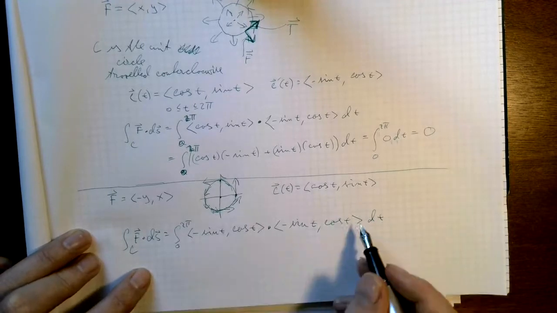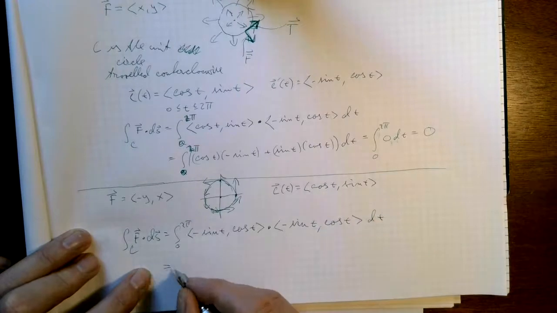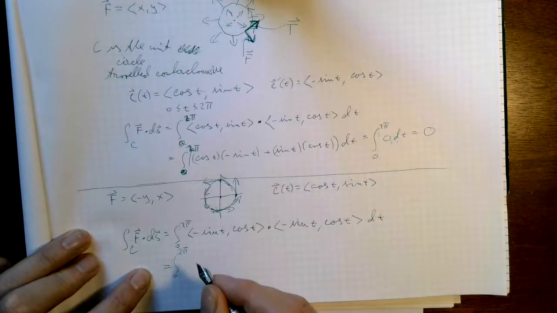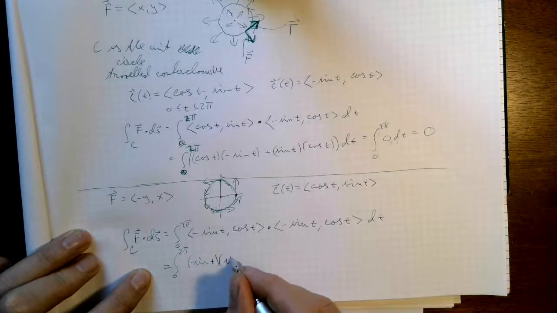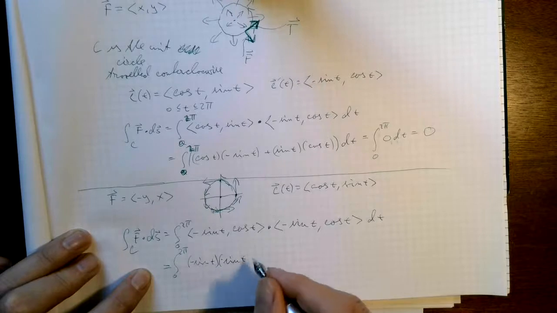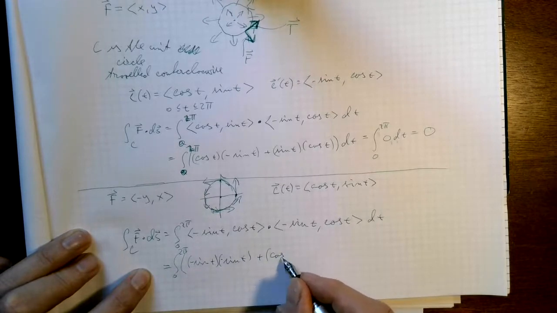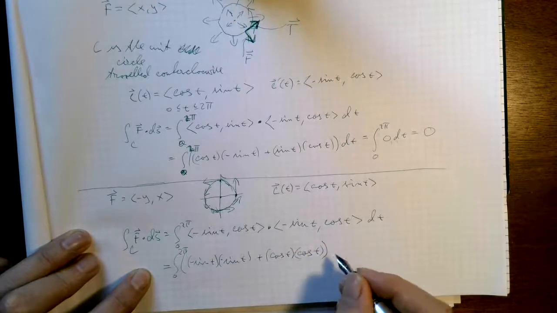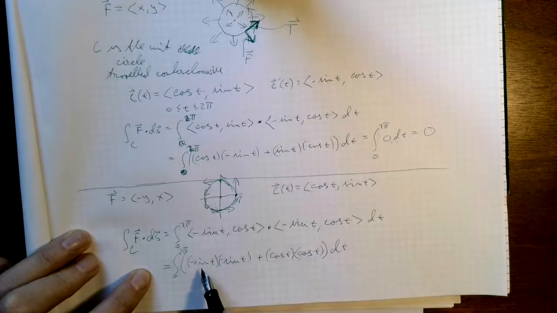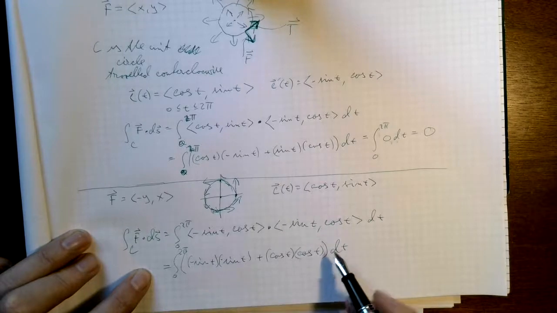So if we do this dot product, we'll get minus sine t times minus sine t, plus cosine t times cosine t, dt. So it's sine squared plus cosine squared, that's 1.